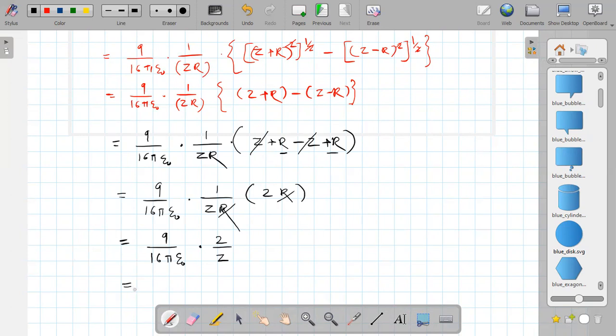Okay, that can be written as Q upon 8 pi epsilon 0 into 1 upon Z.